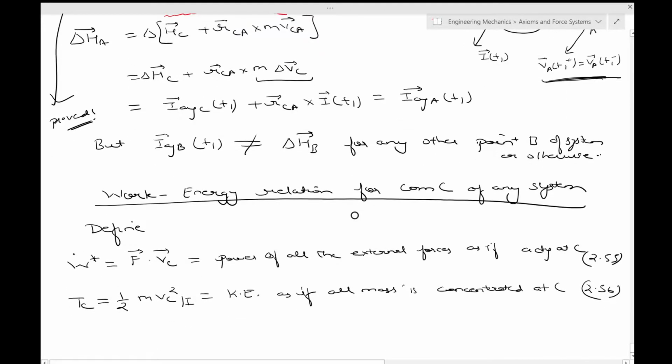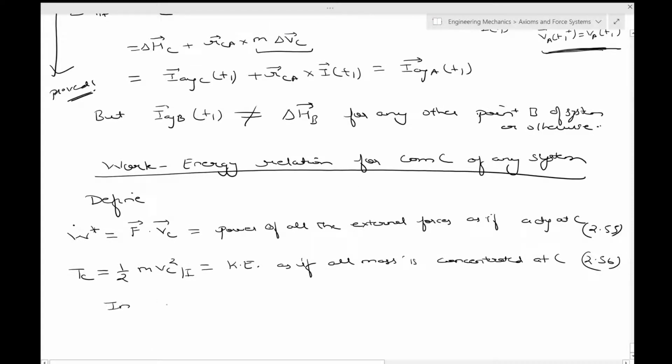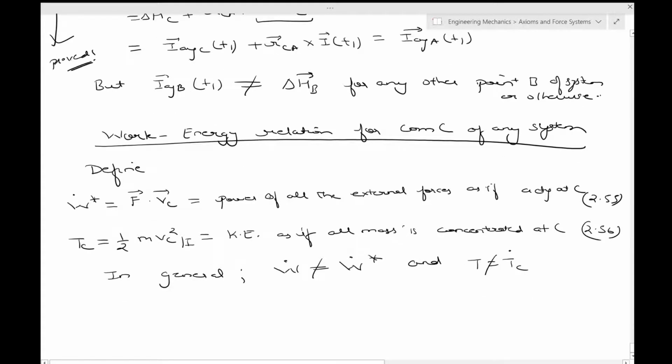In general, W dot is not the same as W dot star, and T is not the same as Tc. You can check back the definitions of W dot and T just to confirm that in general it won't be true, because there are some additional terms. Please check those quantities.